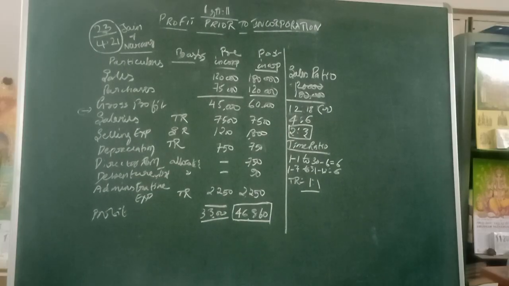But anyhow, for want of experience and knowledge, I have shown both the pre incorporation and post incorporation periods. Okay, this is another simple problem, easy to understand for Section A. Sometimes, if you are fortunate enough, we will get the same problem for 10 marks. Okay, so practice related problems.